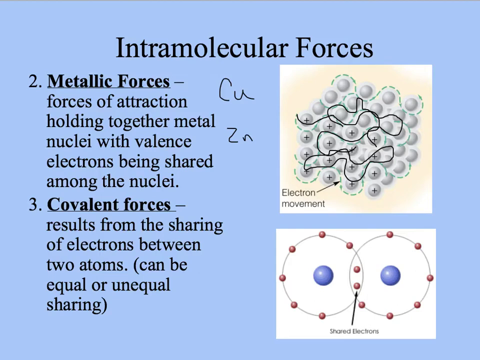Then lastly, we've got covalent forces, and we know that those are a result of the sharing of electrons between two atoms, and those can be equal or unequal, so polar or nonpolar.